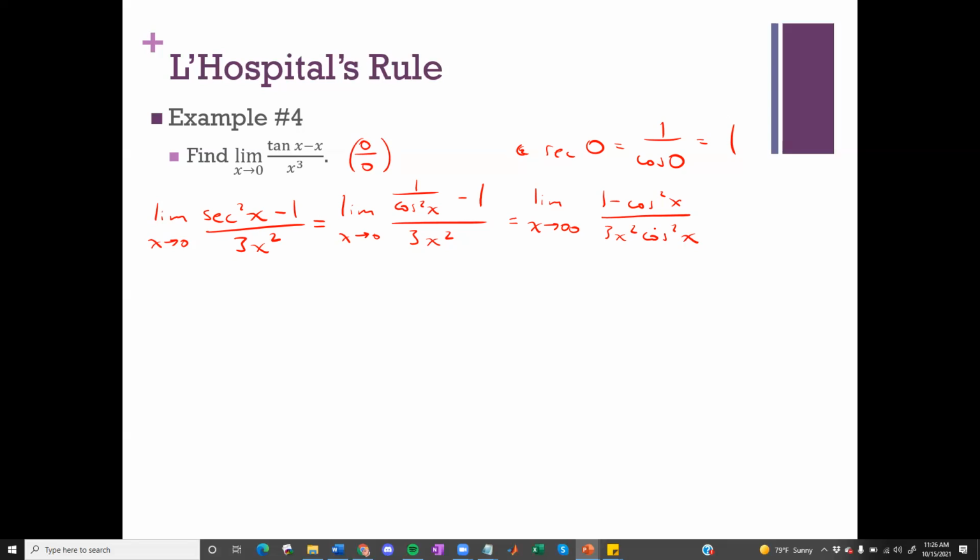Any question about how I got there so far? Yeah, that's it. I didn't mean to. Okay. So multiplying both sides, or numerator and denominator, by cosine squared of x. Is there anywhere else I can go from here?